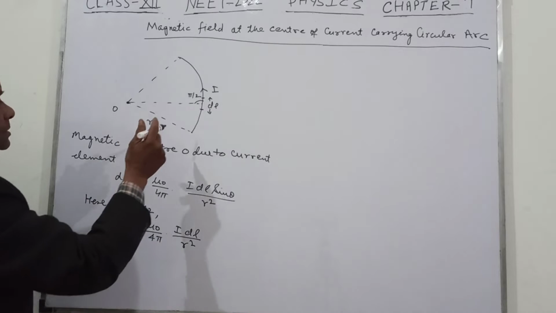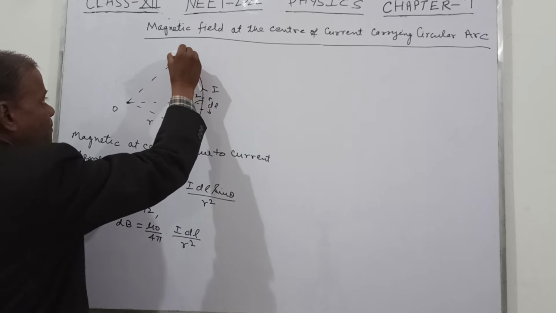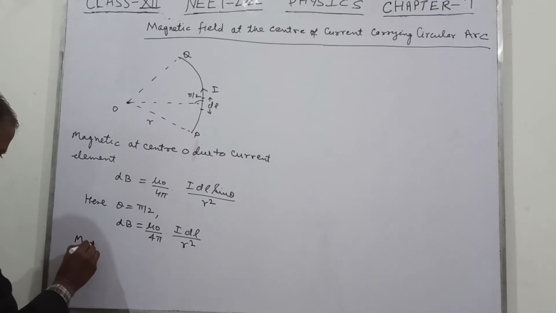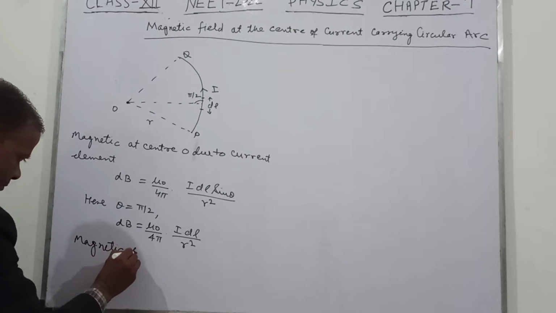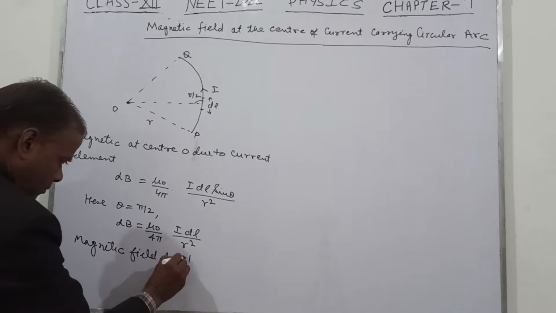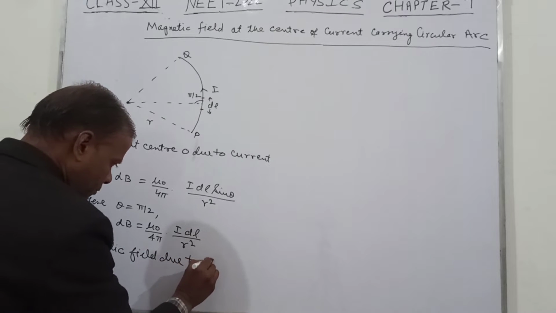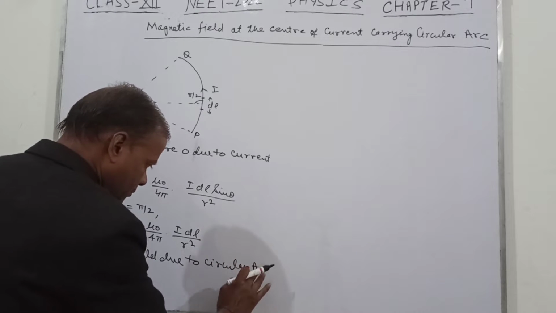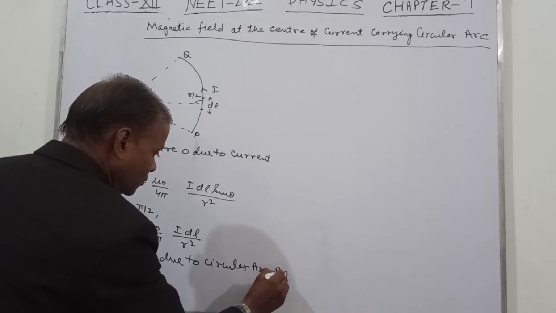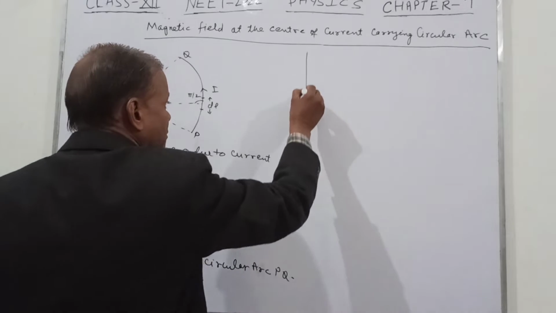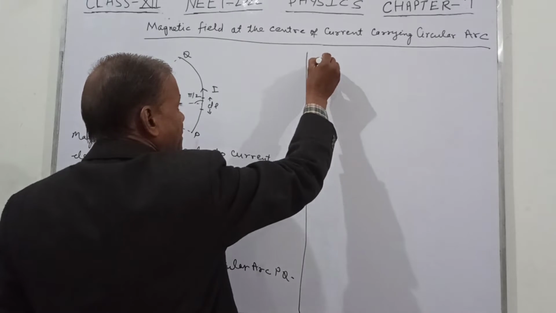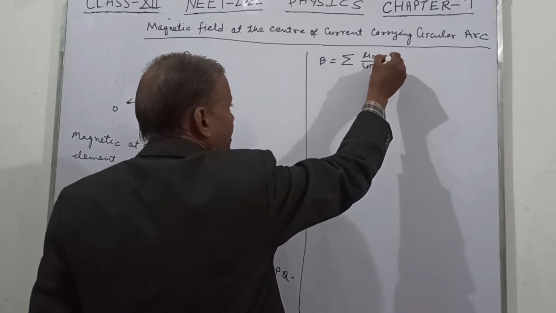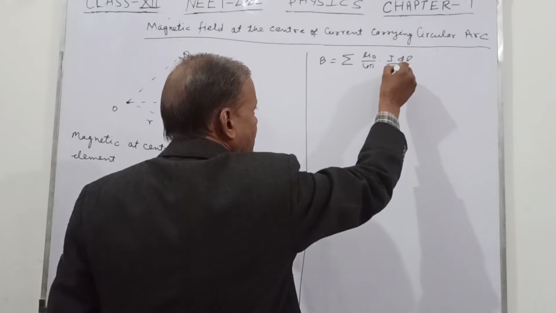If we take the complete arc, suppose this is PQ, the magnetic field due to circular arc PQ is B equal to summation mu naught upon 4 pi into I dl upon r square.